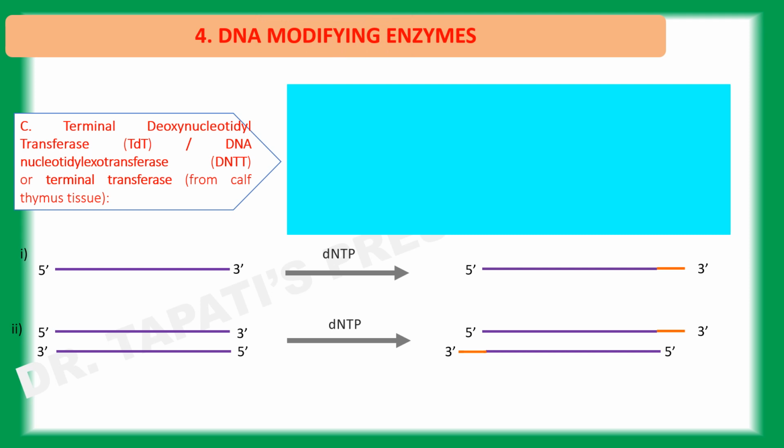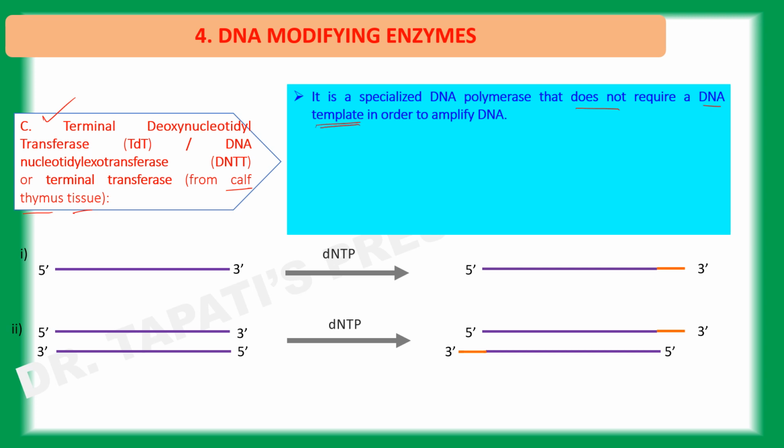Third example of DNA modifying enzyme is terminal deoxynucleotidyl transferase, which is obtained from calf thymus tissue. It is a specialized DNA polymerase that does not require a DNA template in order to amplify DNA.